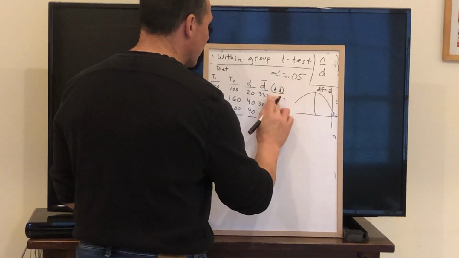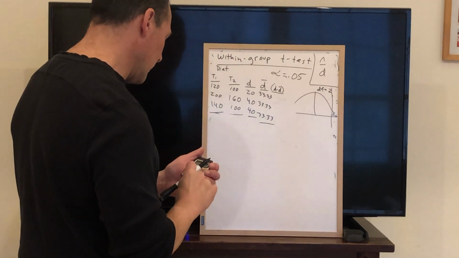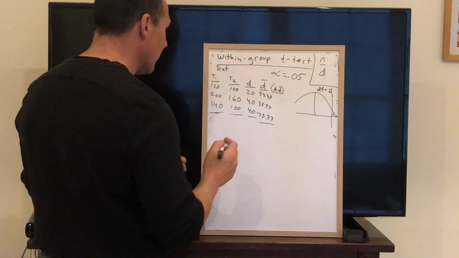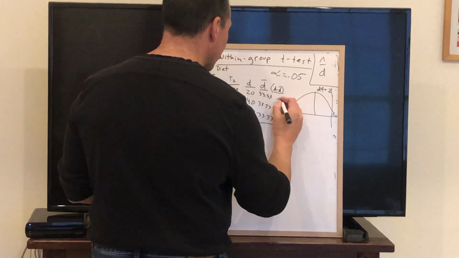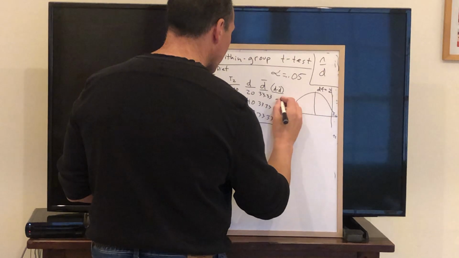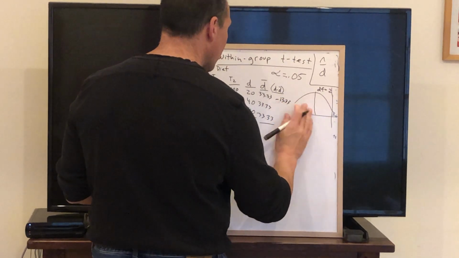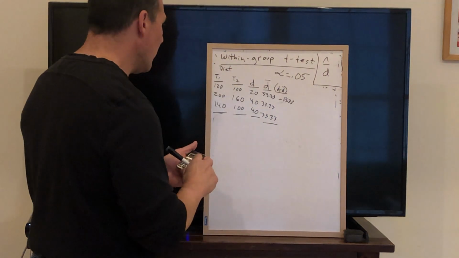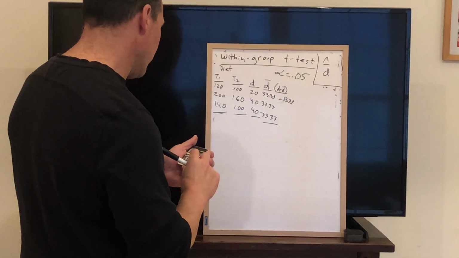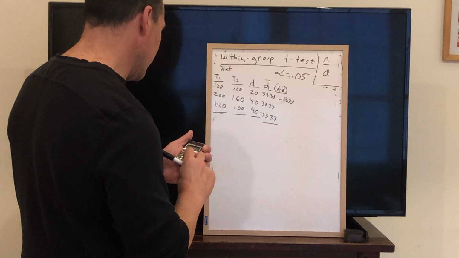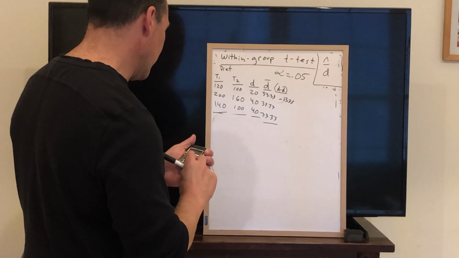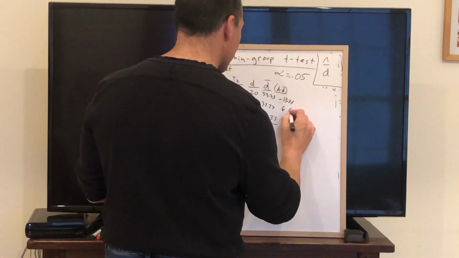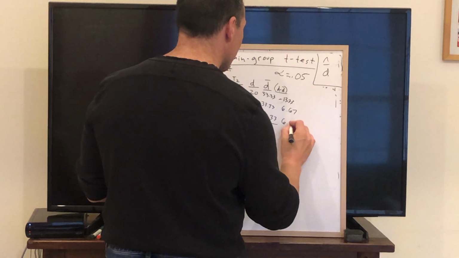Let me see if I get that right. 20 minus 33.33 is negative 13.33. 40 minus 33.33 is 6.67. This one is also 6.67.